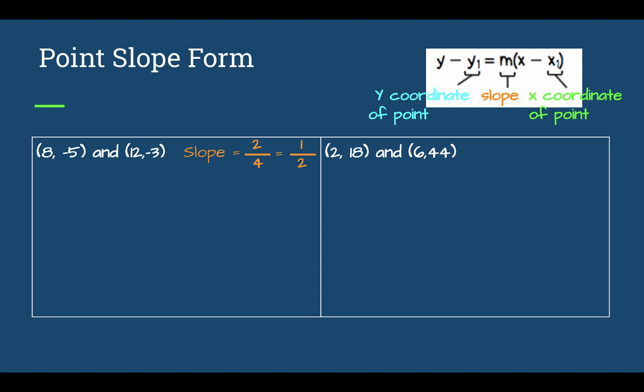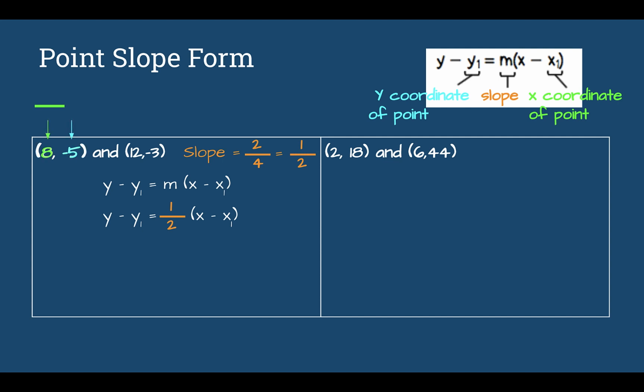Now that I know the slope, I can take that and one of my coordinates and start to plug them into the equation. So my equation, y minus y1 equals m times x minus x1. I'm going to plug in the slope, which was 1/2, in where m was. Then I'm going to choose a point.